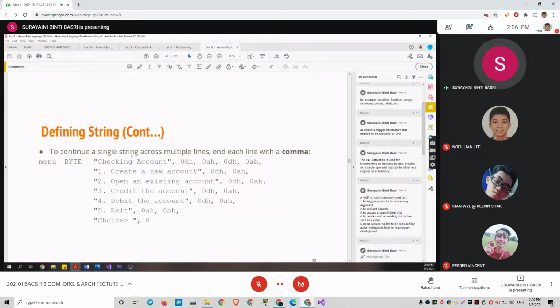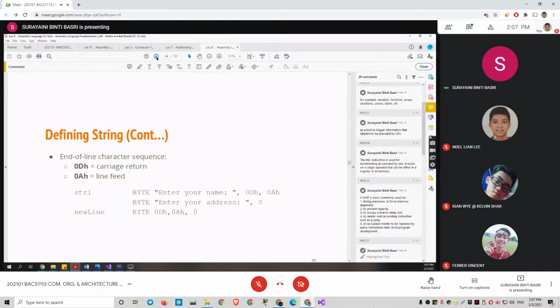To continue a single string across multiple lines, each line is separated with a comma. If you want to declare a multiple-line string, you can put a comma. When you declare it like this, the words after the comma will be on a new line.